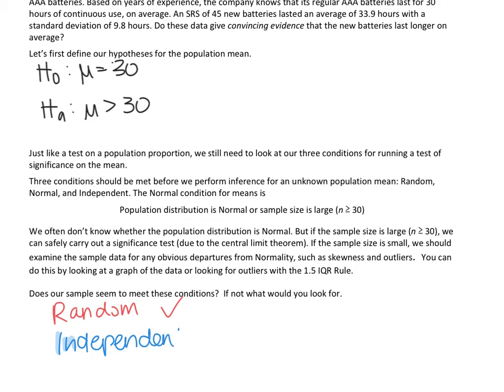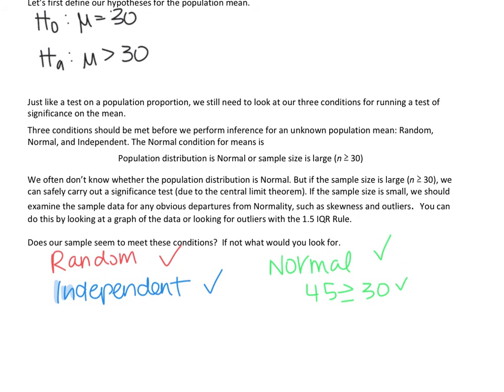Well, each battery has an equal chance of lasting longer, so it is independent. And lastly, we want to check to see, is it normal? Our sample size is 45, which is greater than or equal to 30, so yes, it is normal. So we have met all three conditions.